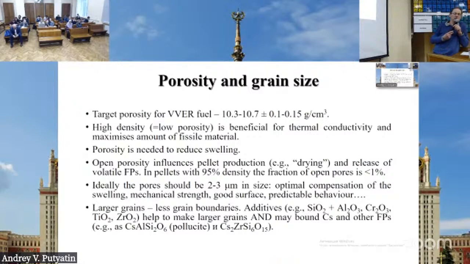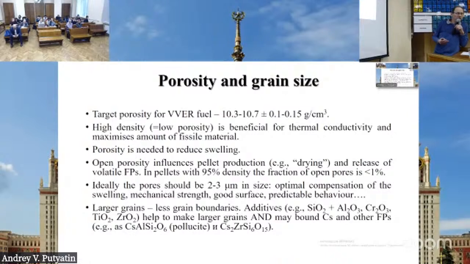You know that the thermal conductivity of uranium dioxide is quite poor. At the same time, when we have a low porosity, we maximize the amount of fissile material, which is, of course, good. But at the very same time, we still need some porosity because under radiation, materials swell, they increase in size, and we need some porosity to partially compensate this swelling.